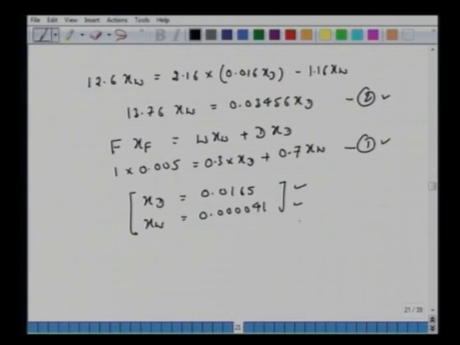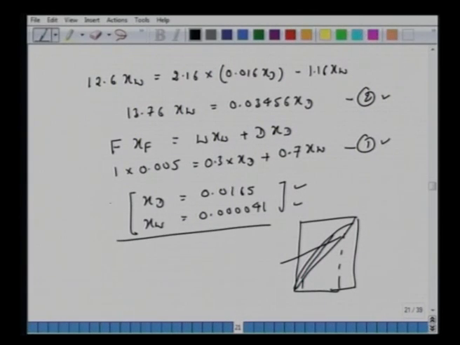Now we can go back and mark this point on this McCabe-Thiele plot. We can draw the operating lines, the q lines, etc. So the idea here is that once we get Xt and Xw, we can do the back calculations to obtain X3, Y3, X4, Y4, or X2, Y2, and X1, Y1.